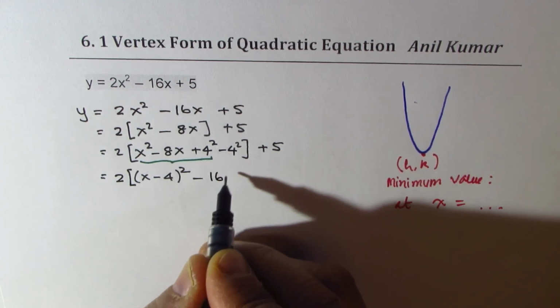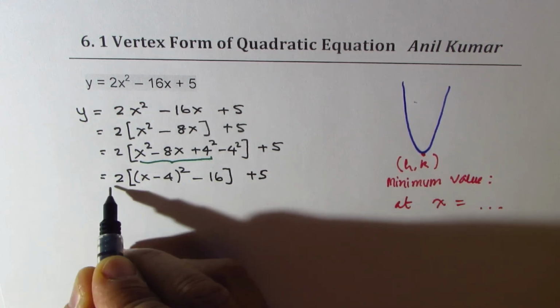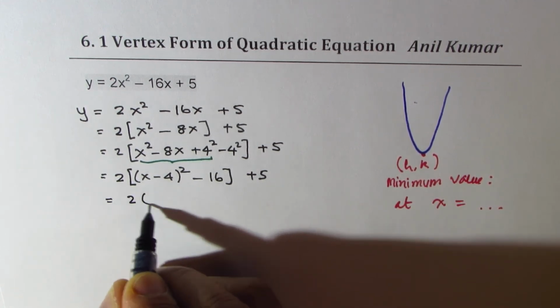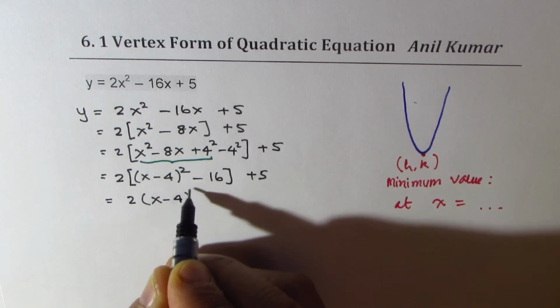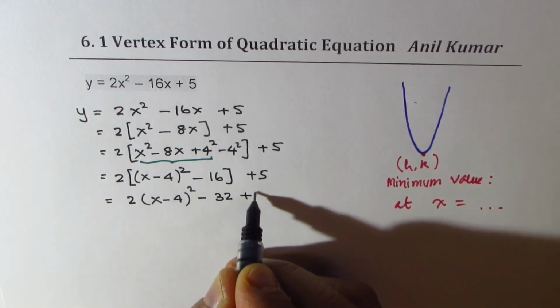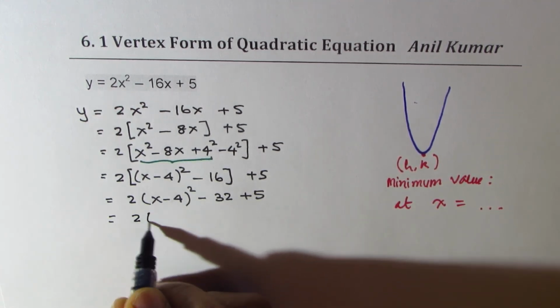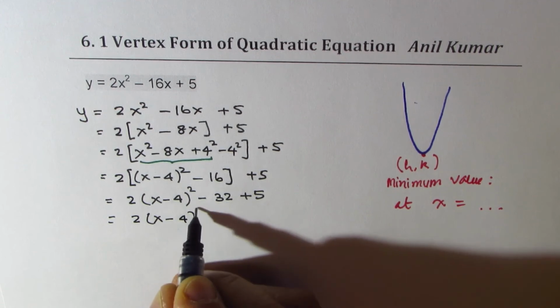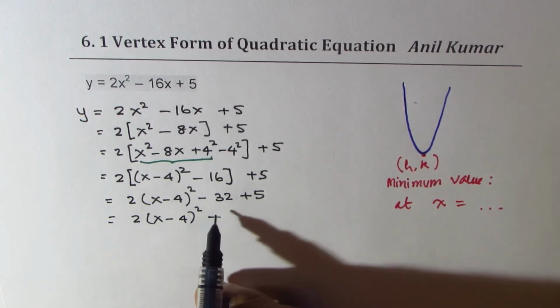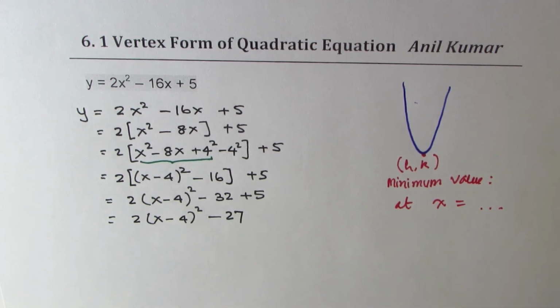Minus 4 square is 16. You're only squaring 4, not negative. Now you open the bracket. So you get 2 times x minus 4 whole square minus 2 times 16, which is 32, plus 5. Combine the last 2 terms, the constants, and what you get here is minus 32 plus 5 gives you minus 27.